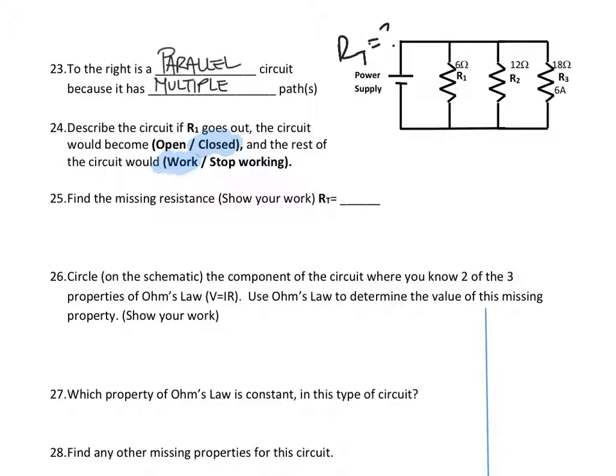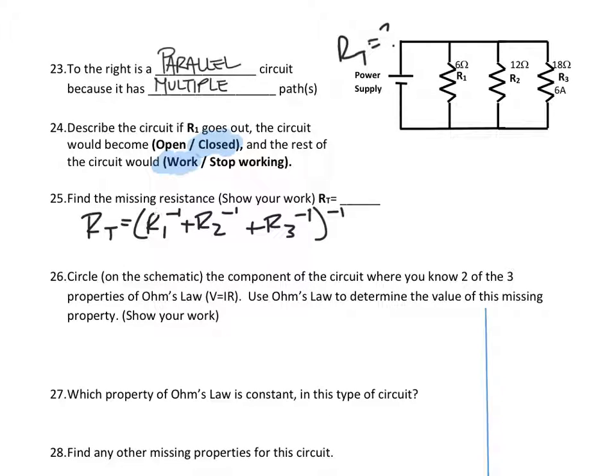Well, I know that it's not as easy as adding them up because the resistance actually decreases in total as you add more resistors. So you're adding the inverse. So it's the inverse of R1 plus the inverse of R2 plus the inverse of R3, all inversed one more time.